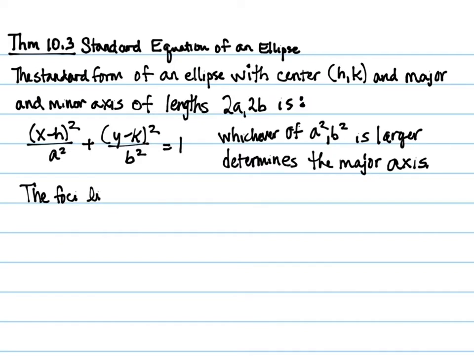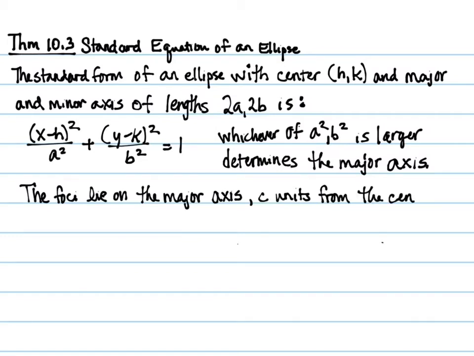The foci lie on the major axis c units from the center, with c squared equal to the absolute value of a squared minus b squared.